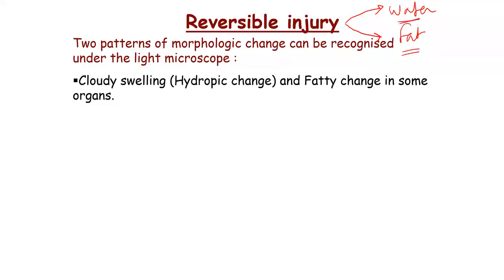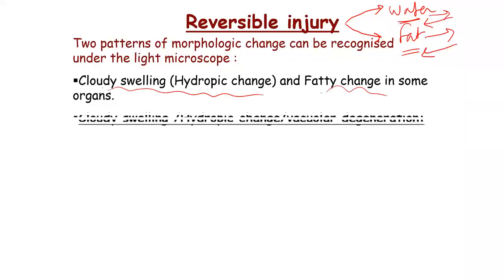So the cell accumulates water or fat in reversible injury. If it accumulates water, this is called cloudy swelling or hydropic change. If it accumulates fat, this is called fatty change. Fine. These two forms are reversible cell injury and can go back to normal if I remove the injurious stimulus.